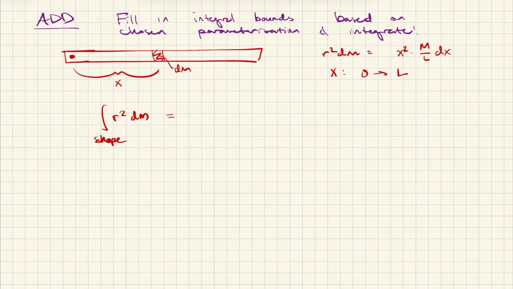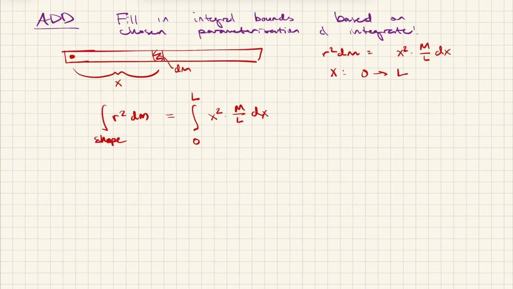So I'm going to substitute the integrand from the last page, which is now x squared times m over L dx. We also know that the bounds of this integral are over the entire rod. Fortunately, we chose a very convenient parameter, the x-coordinate, and the x-coordinate for this rod ranges from 0 to L, the full length of the rod.